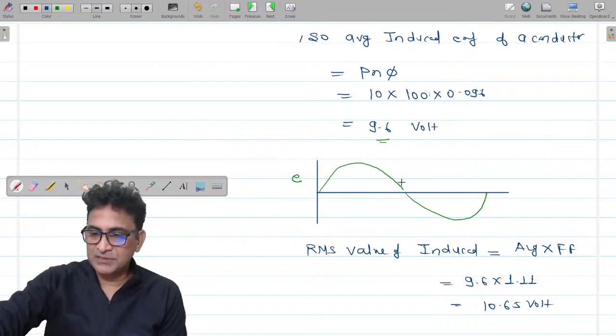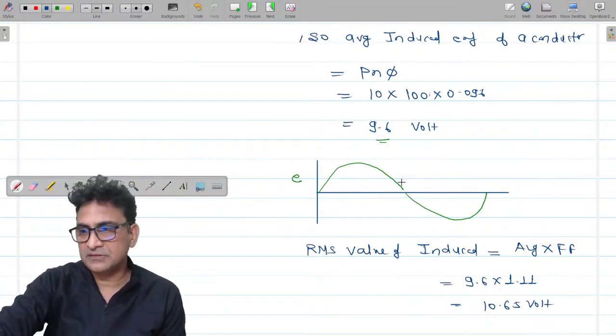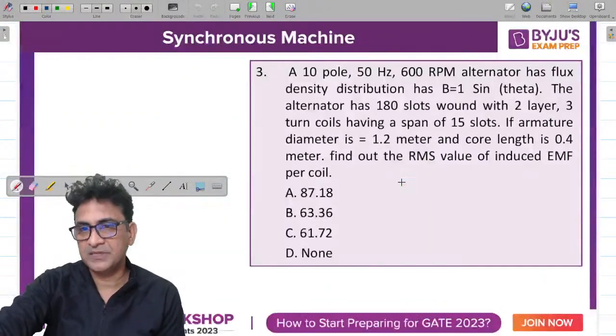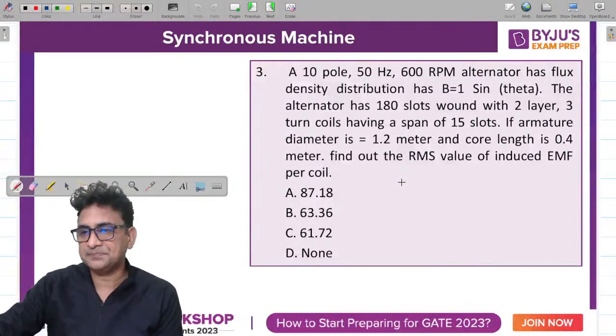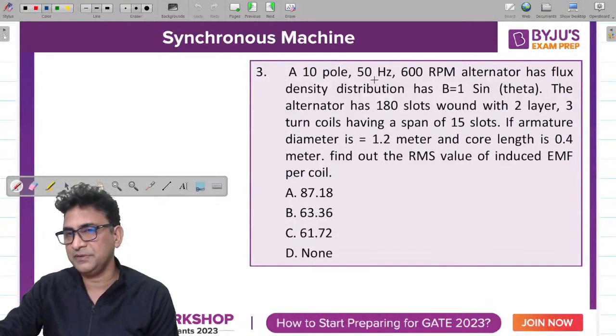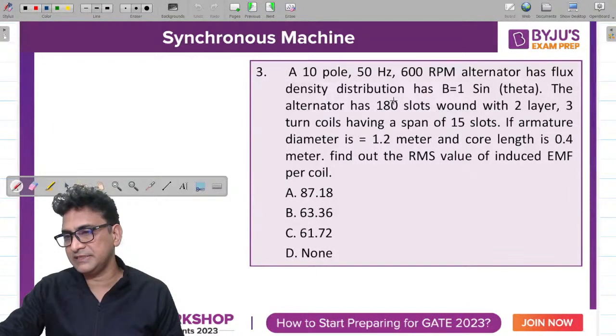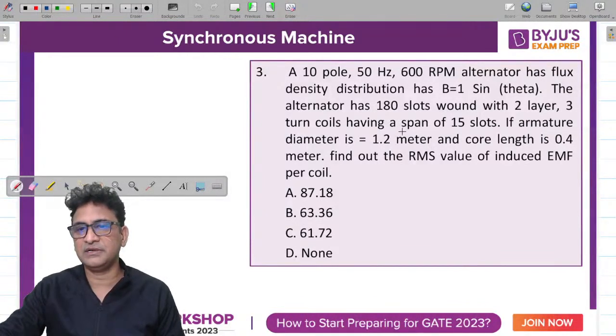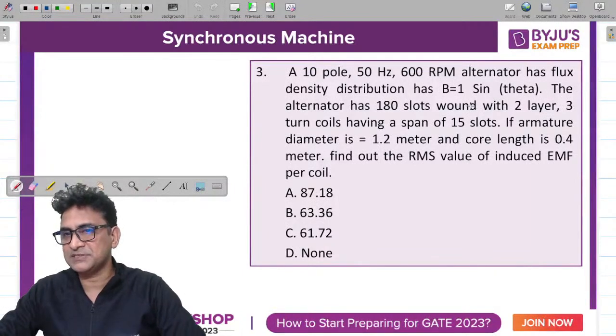Clear? So see, I am moving to question number 3. It has all the same data that we used in the previous question. A 10 pole, 50 Hz, 600 RPM alternator has the flux density distribution of 1 sin theta. The alternator has 180 slots wound with 2-layer 3-turn coil, everything the same, and the coil span is also given, that is 15 slots.